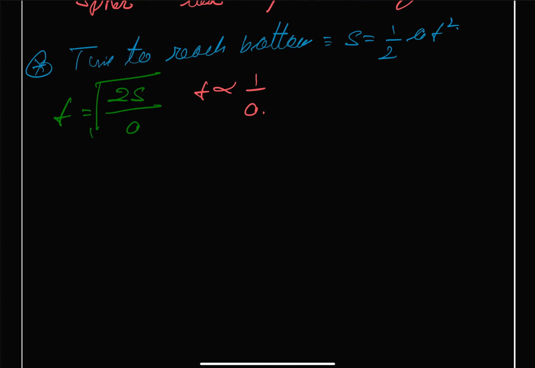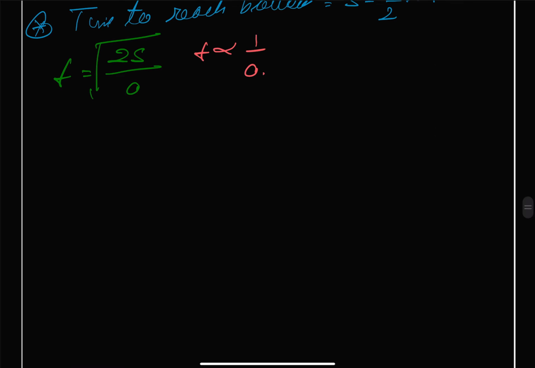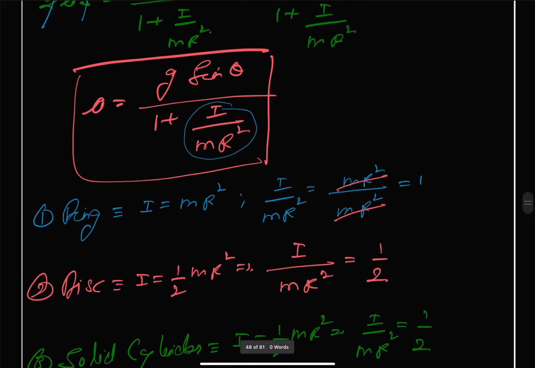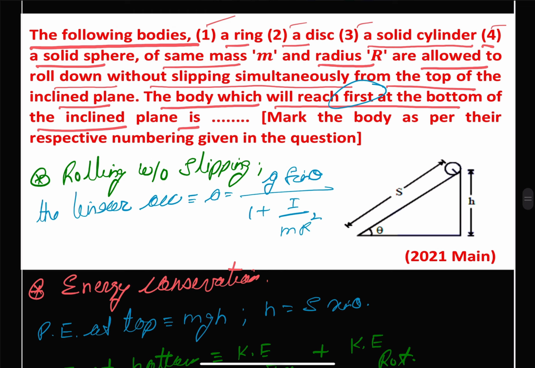So the largest acceleration is going to have the smallest time. The largest acceleration is for the sphere, so the sphere is going to have the smallest time. So we can say time for the sphere is smallest. So option 4 is correct, the solid sphere.